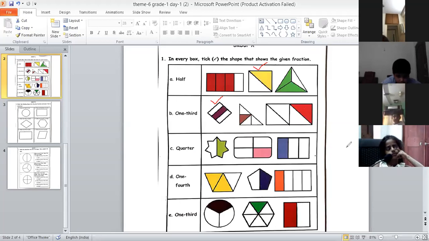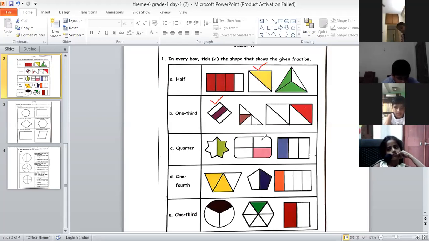Siddharth, tell me, the second shape is representing which fraction? The second shape is divided into how many parts? In the third bit, it is divided into 4 parts, ma'am. 4 parts. Very good. And out of 4, how many are shaded? 1. So which fraction is this representing? 1/3, half, or quarter?